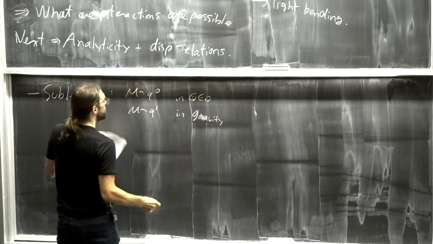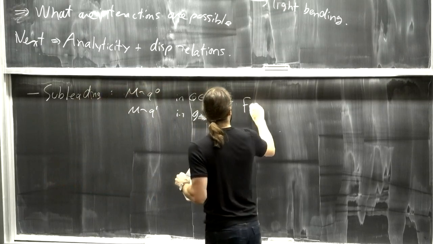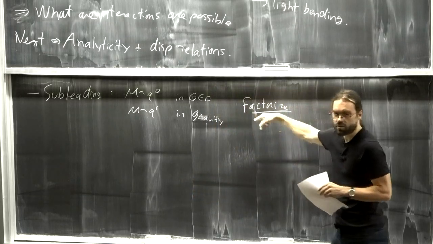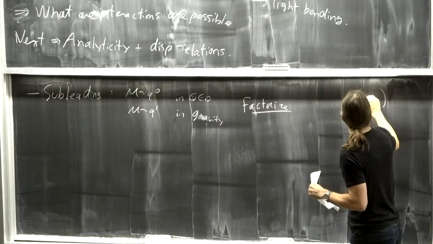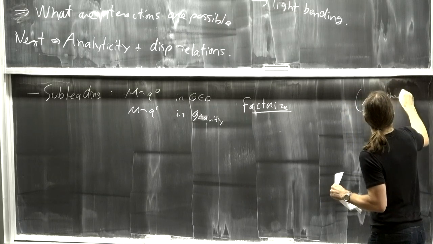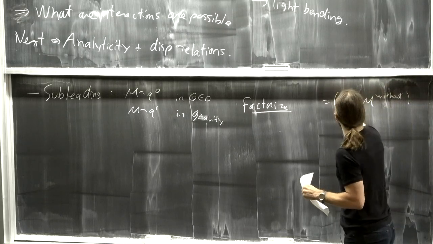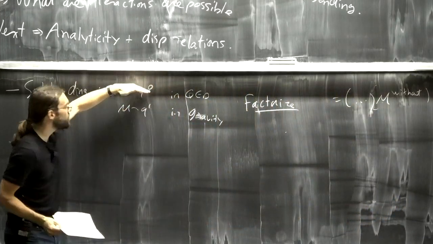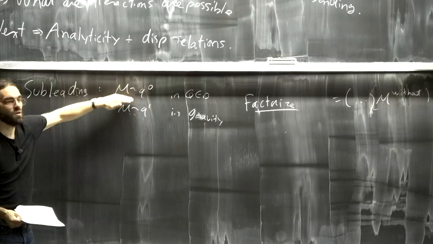And what happens here is that they factorize, meaning that you can write these terms in terms of something acting on the amplitude without radiation. So factorization means that you start from the amplitude without radiation, you can tack on radiation up to some accuracy in small q, and you can predict all of that.